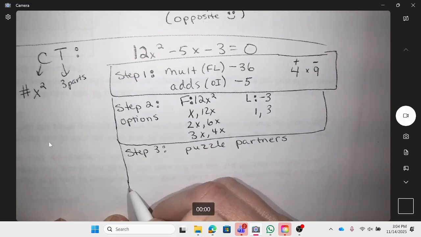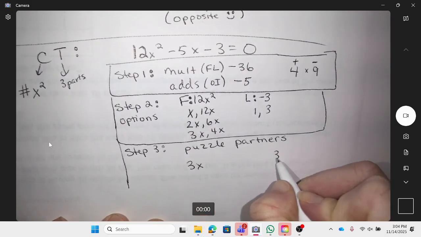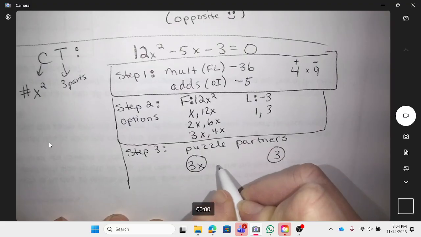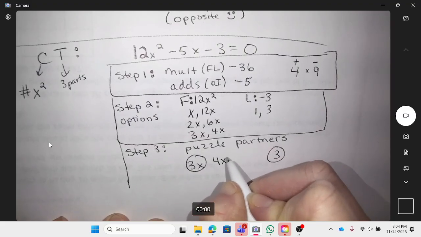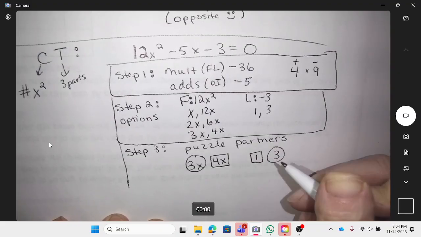Okay, so I'm going to pick 3x with 3, 4x with 1.